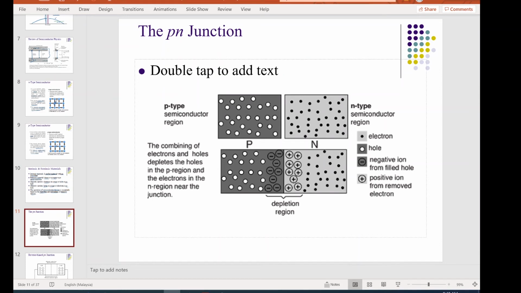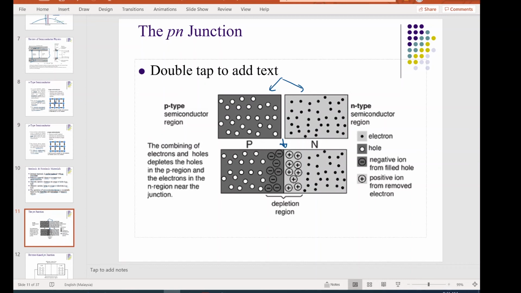When we have two different semiconductor materials, p-type and n-type, as we can see here, and we combine them together, the minority carriers in p-type approach the interface, and the same happens for the n-type material.